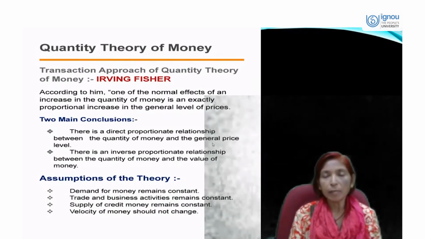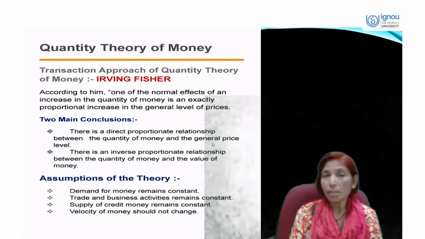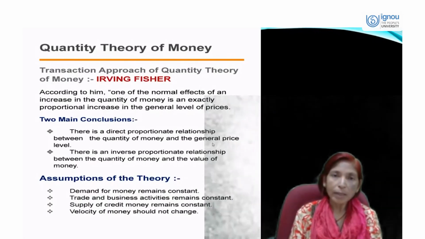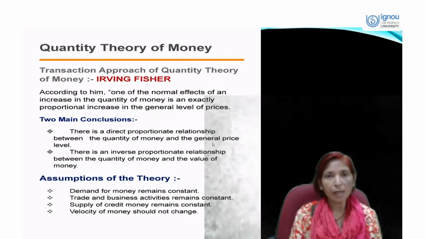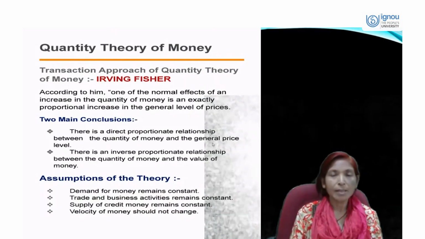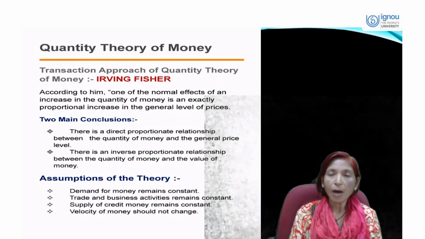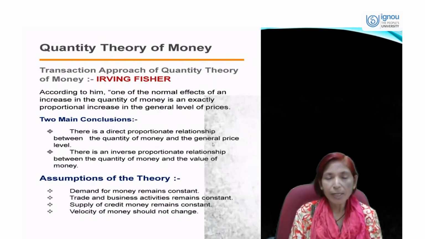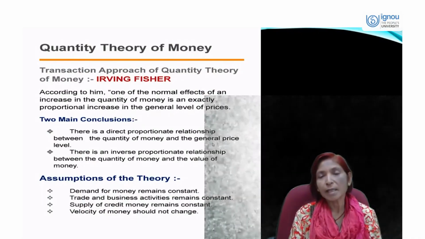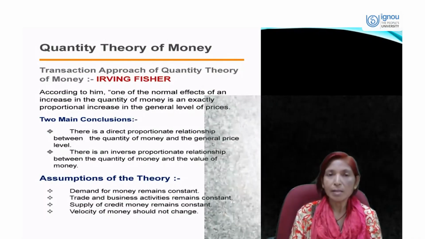So how can we assume that trade and business activities will always remain constant, when we are living in a dynamic world, not a static world? But Fisher assumed that his theory will be applicable when trade and business activities remain constant.